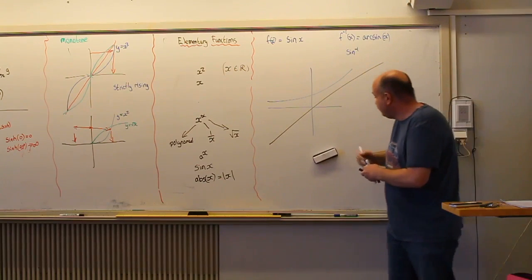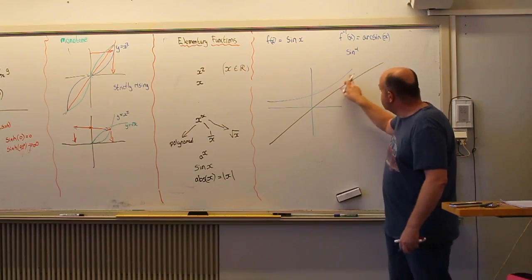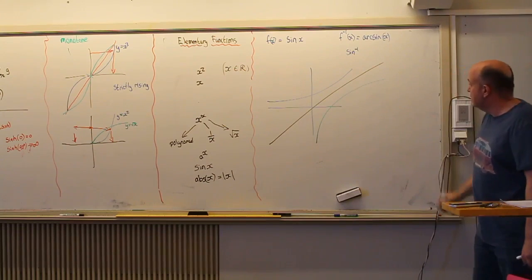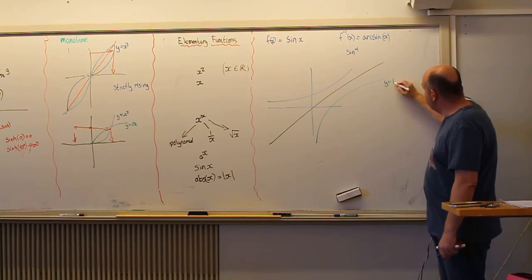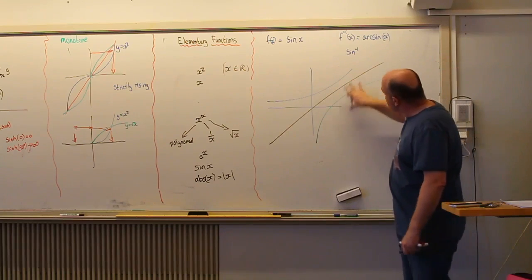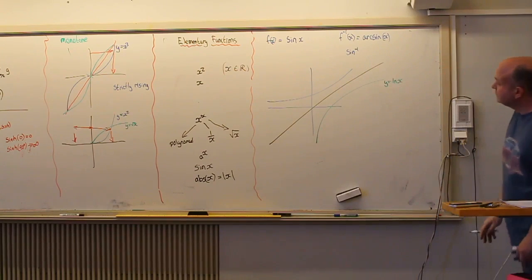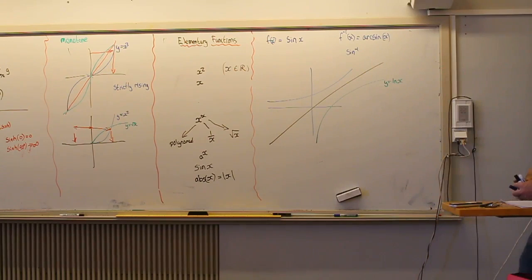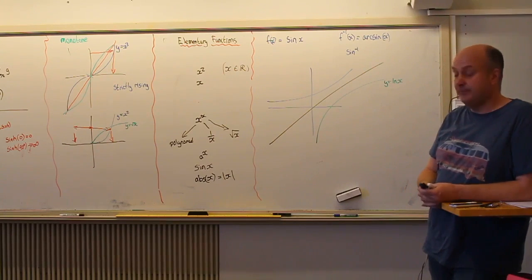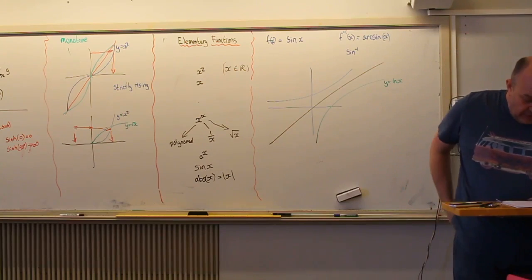We can reflect this in that line, and we get something like this, which is y equals ln x, the log function. It looks like that. It's a reflection of that one in that line. So that's the inverse function to the exponential function, and therefore they're continuous. That's what it says.